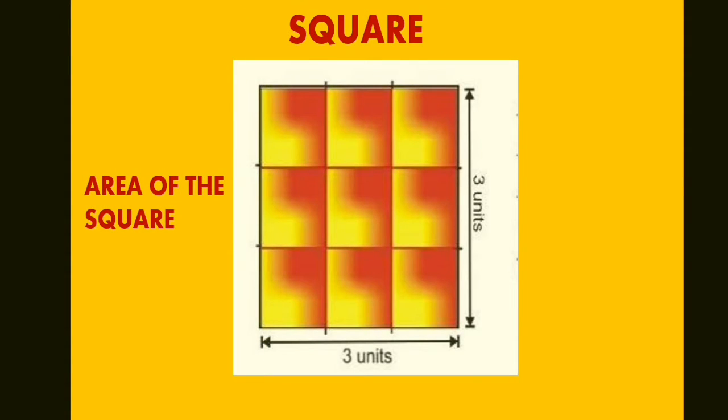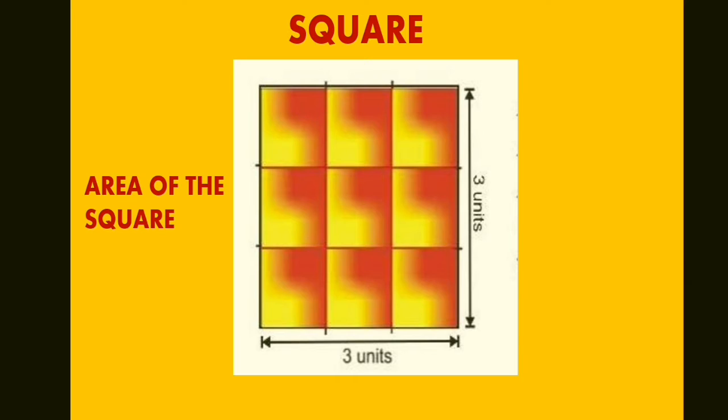We know the square has 4 sides and all the sides are equal. So in order to find the area of the square whose side measures 3 units, you can see in the picture all the sides are 3 units. We have divided the square into equal parts, that is small squares. Let us count how many small squares we get inside.